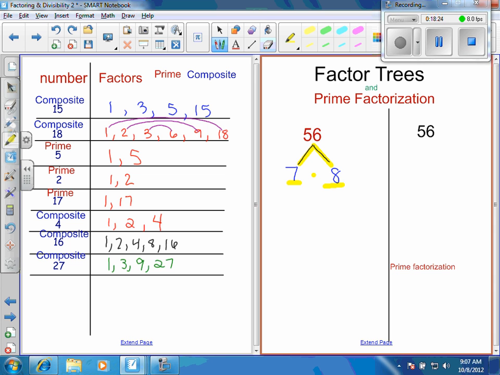So you want to stop when the bottom of your tree has prime. So since 7's prime, you stop there. But 8 is not prime. So you do the factor tree farther. So what's 2 numbers that multiply to give you 8? Claire? 4 and 2. Okay, so Claire, are any of those prime?